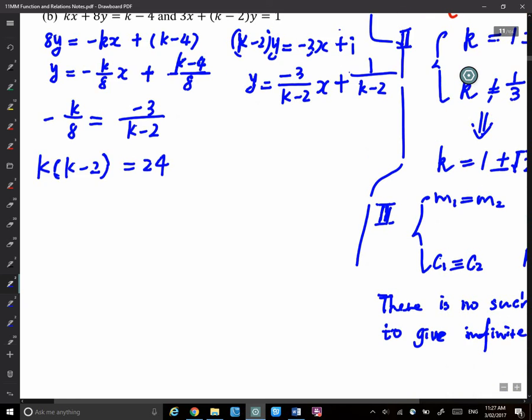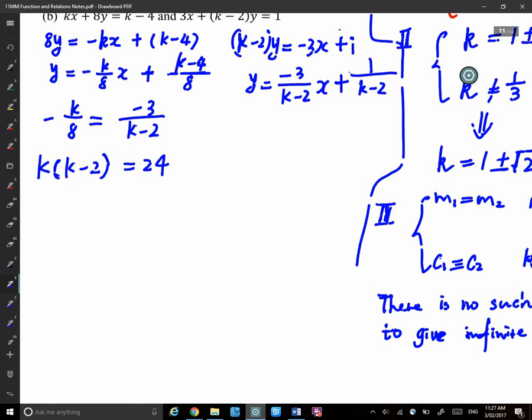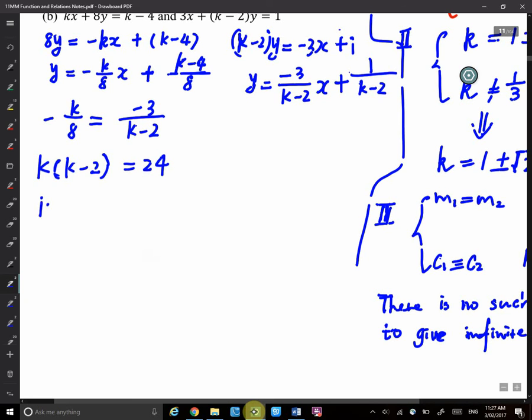Okay, k times (k minus 2) equals 24. That's a quadratic. You have k times k, that's a quadratic. You cannot solve a quadratic in this form. That's not the standard form. So I will open the bracket: k squared minus 2k minus 24 equals 0.